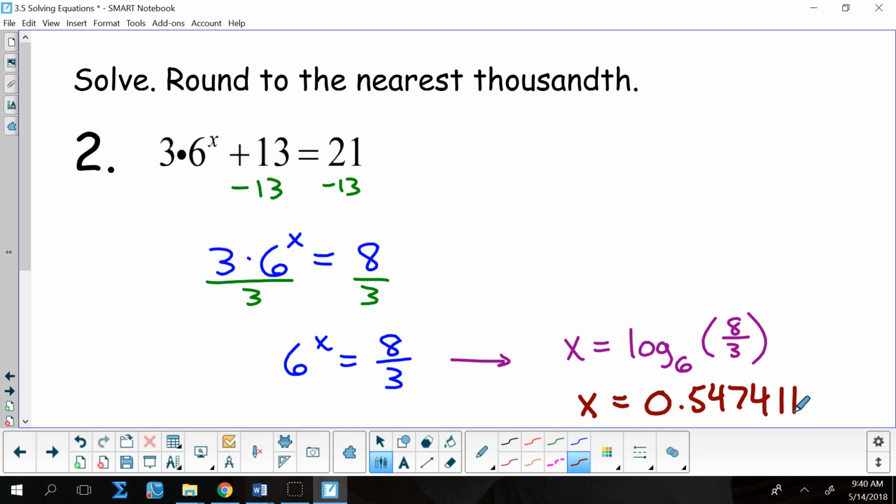Really it goes on longer than that, 41122893816, but we'll round it there.